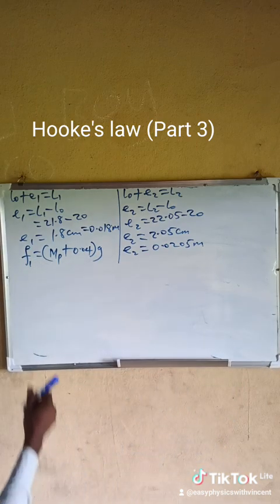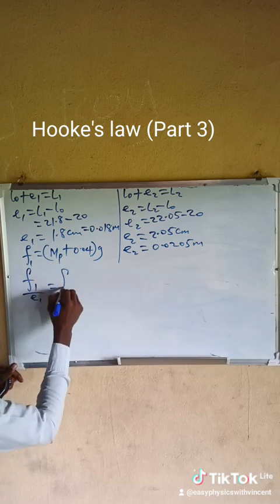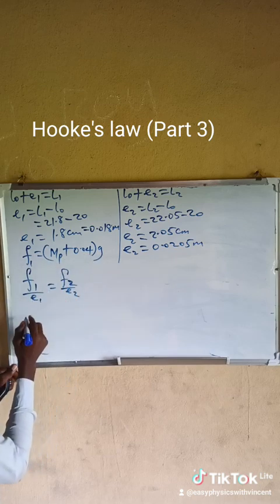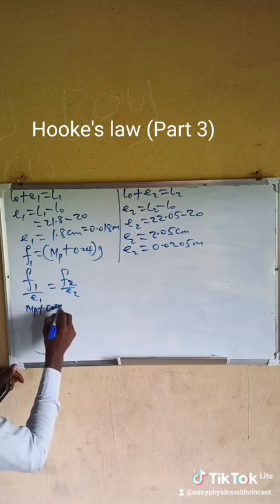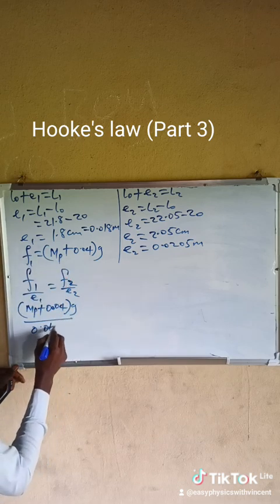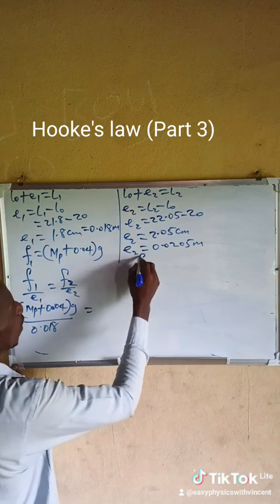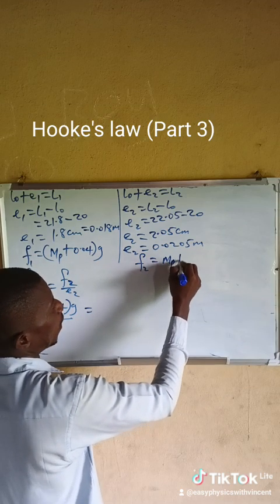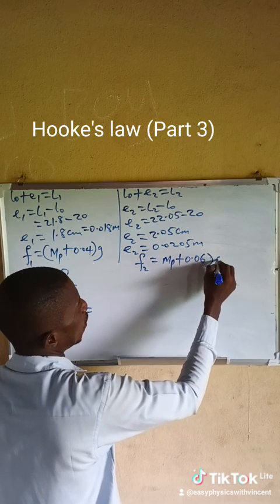Now let's see the right equation to use. The equation to use here is the same we have from Hooke's law: F1 over E1 is equal to F2 over E2. F1 is given as MP, mass of scale pan, plus 0.04 times g, over E1, which is 0.018 in meter, equal to F2, which is the mass of the scale pan plus 0.06 times g.